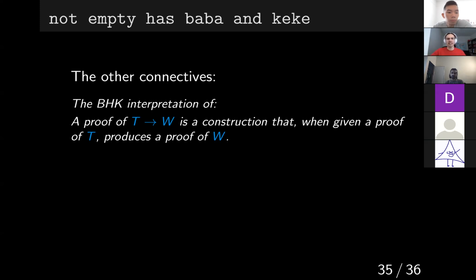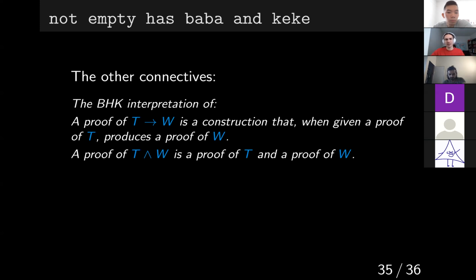And then it's really easy to say what a proof of A and B is. So the BHK interpretation of a proof of T and W is a proof of T and a proof of W, of course. What is the interpretation of a proof of T or W? Well, it's a proof of T or a proof of W, concretely, constructively.